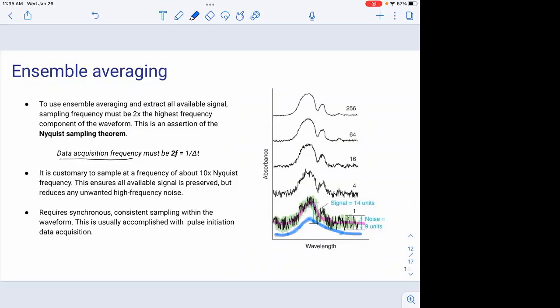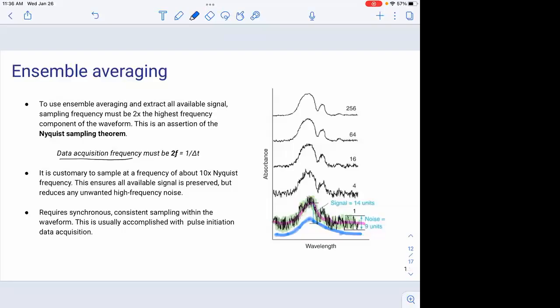So the Nyquist sampling theorem says that if you're going to do any sort of ensemble averaging, you need to make sure that you are sampling or making enough measurements in a short period of time in order to know what is noise and what is real signal.